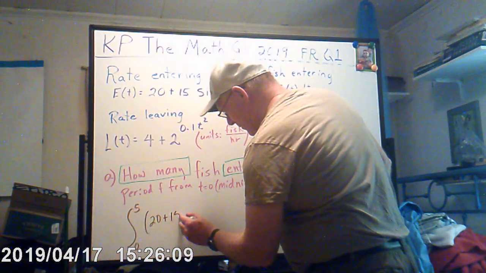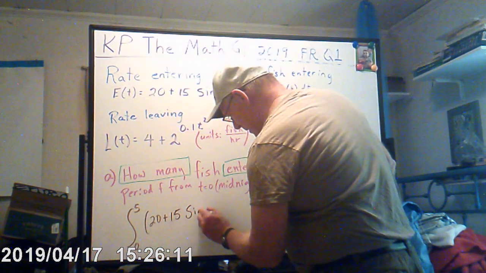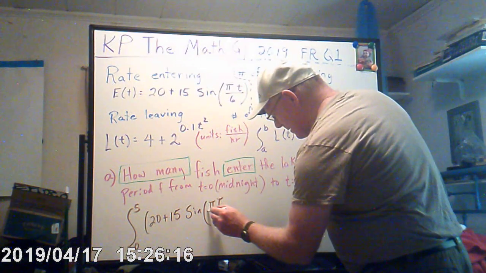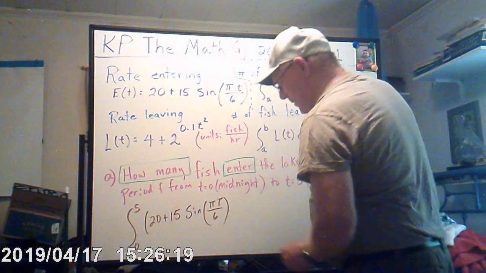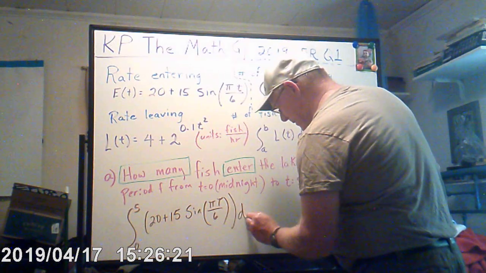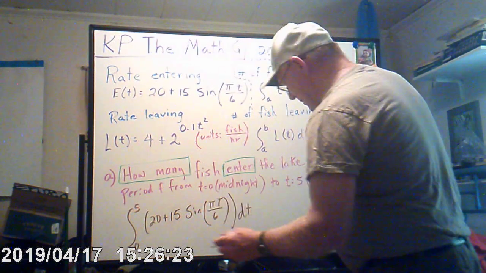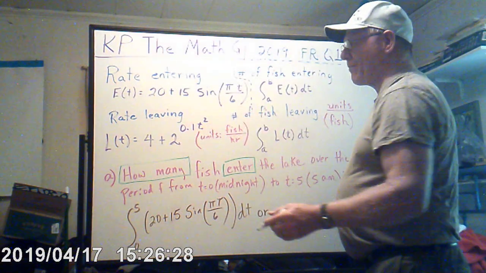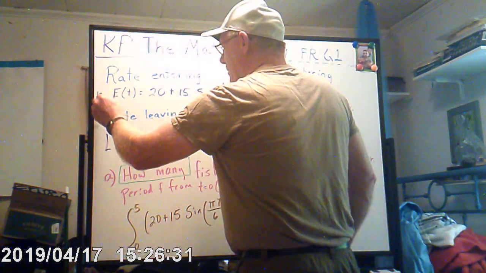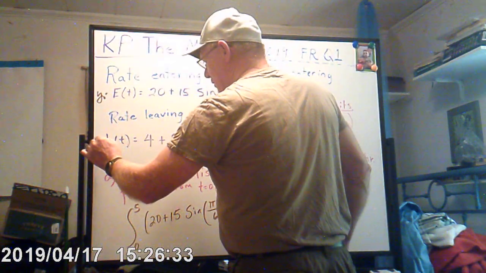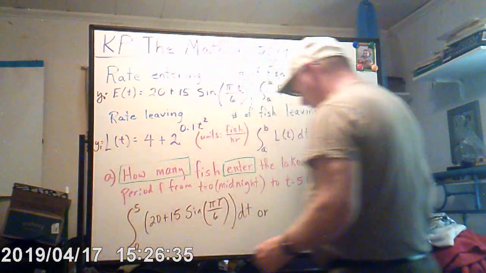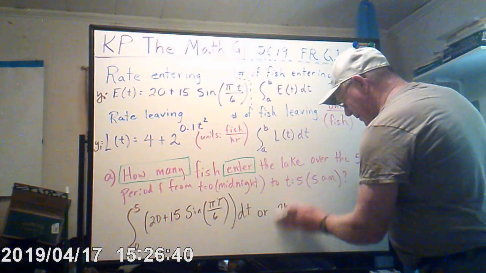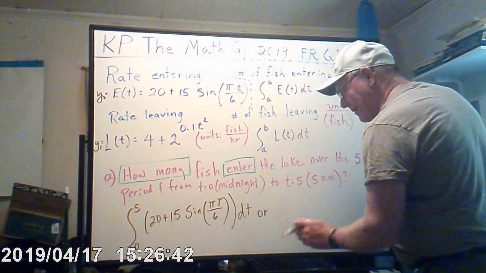15 sine of pi t over 6, and close it up and put dt there. Or I can simply, if I already have this one in y sub 1, maybe I can do y sub 0, well, I'm sorry, my bad.